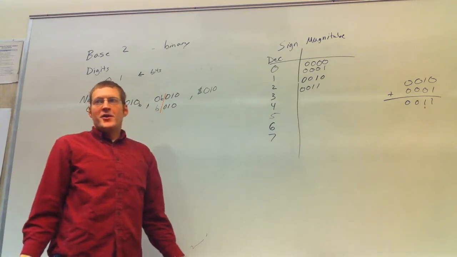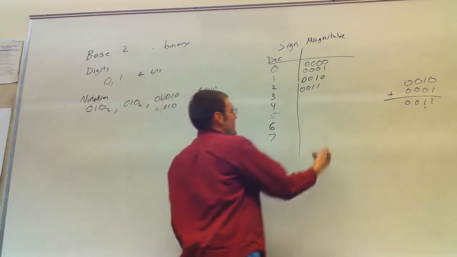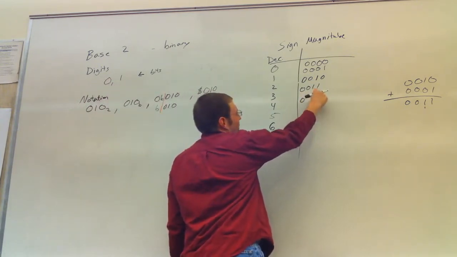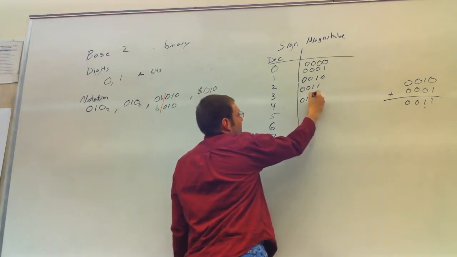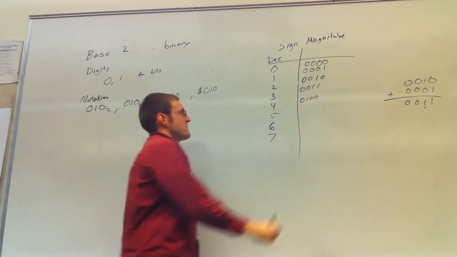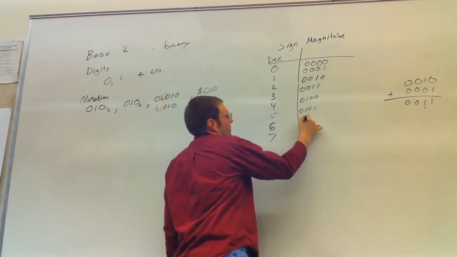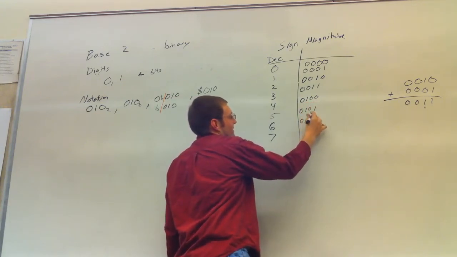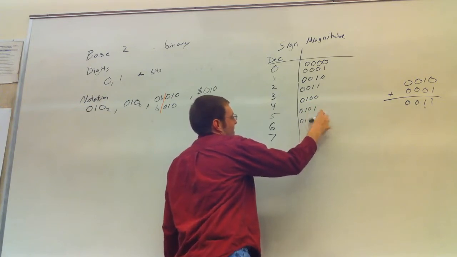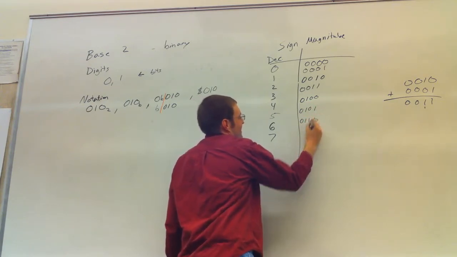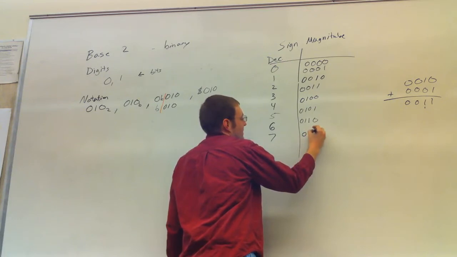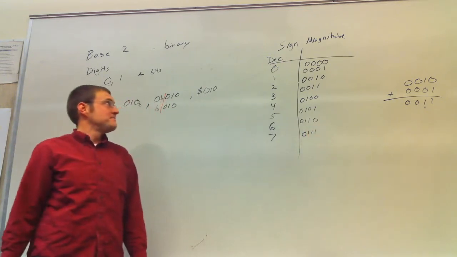Well, we can see the pattern. Now we add 1 to this one, so it's going to be 1, 0, 0, 0. Add 1 to get 5, and 1 to that number, 6, and 7.